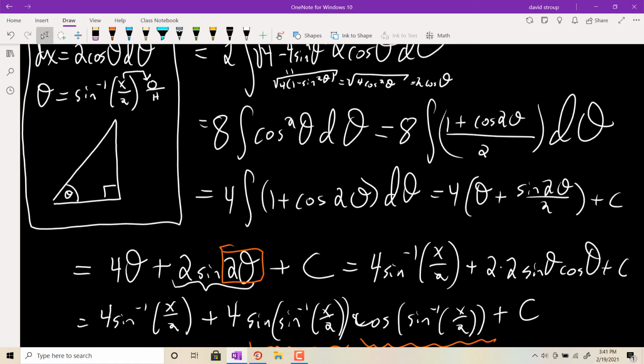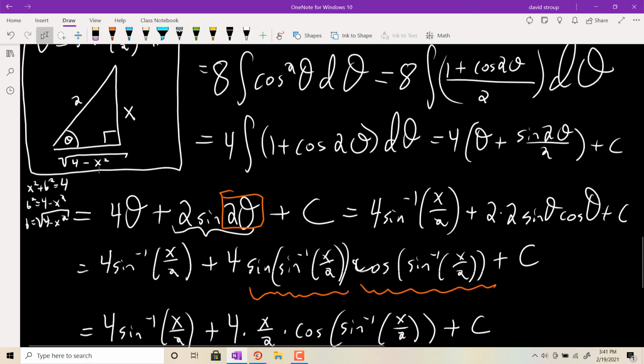So on this triangle, the opposite is x, and the hypotenuse is 2. And then the adjacent side, using the Pythagorean theorem: x squared plus b squared equals 4. So b squared equals 4 minus x squared, so b equals the square root of 4 minus x squared.